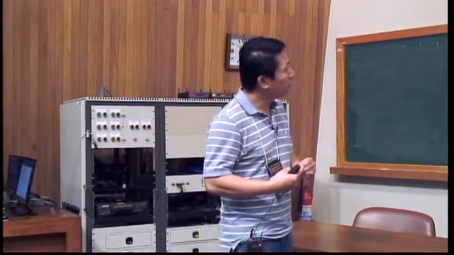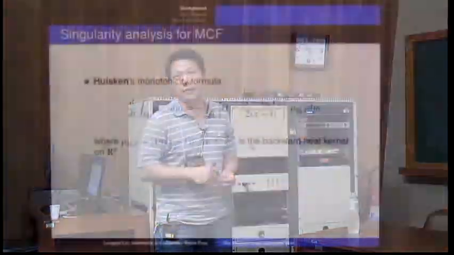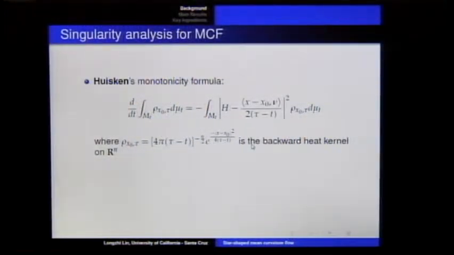And you see that this is actually non-positive. So it's decreasing along the flow. This is also parabolic rescaling invariant, so if you do a parabolic rescaling, it's still valid.